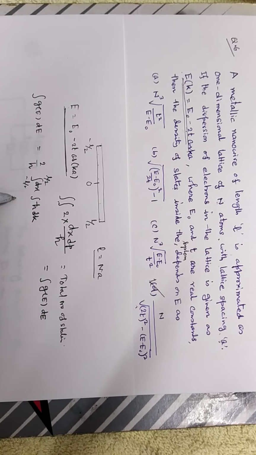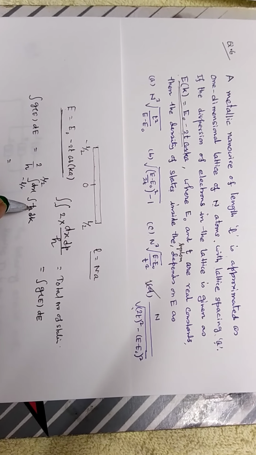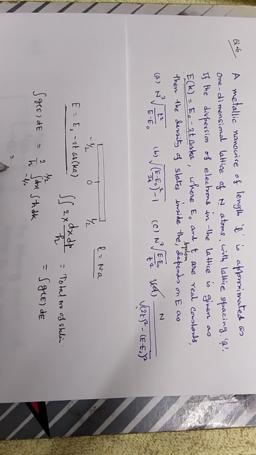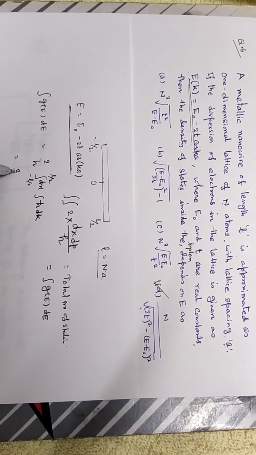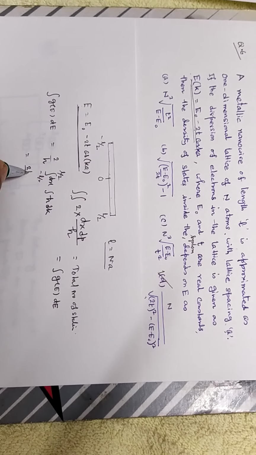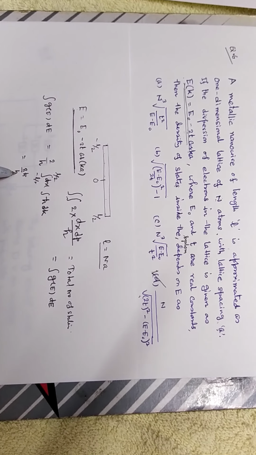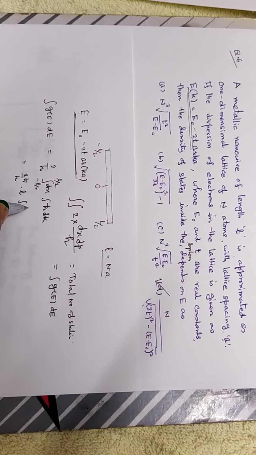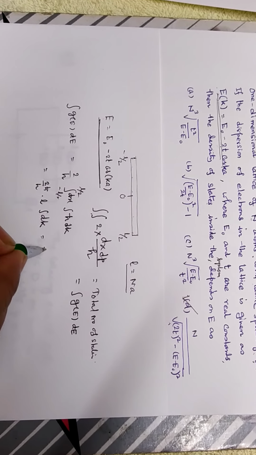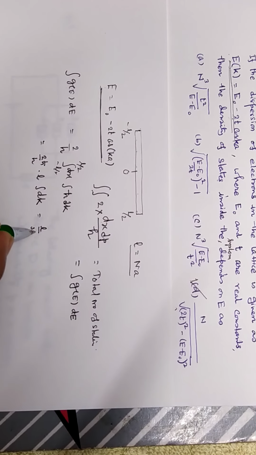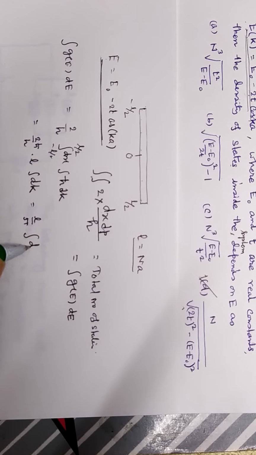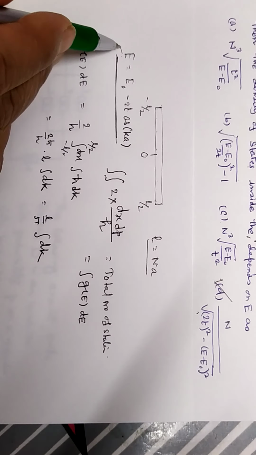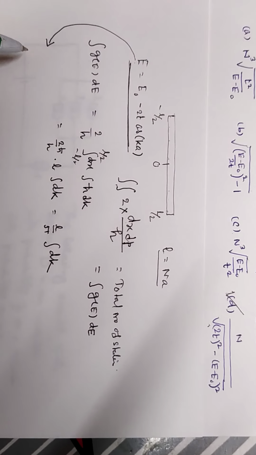Therefore this should be equal to 2 h cut by h into L, and then integration dk, equals L by pi integration dk. Now you exploit the dispersion relation.